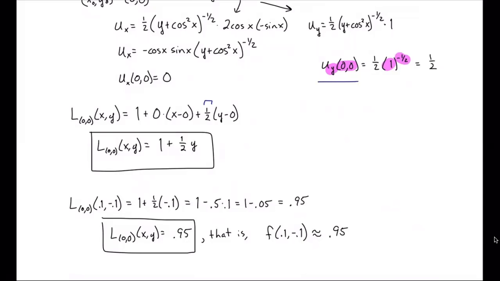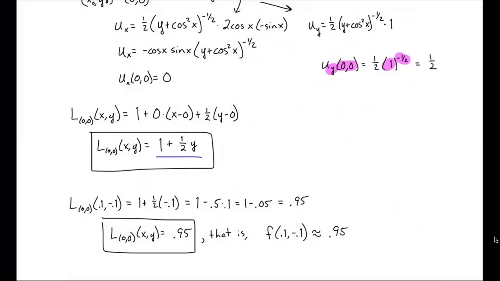And that was 1/2 times y minus y naught. Again, y naught is 0. And what we see is that, as I was saying before, x and y remain as variables, the only variables that should remain when we build these linear approximations. And our result, once we simplify this, is 1 plus 1/2 y.